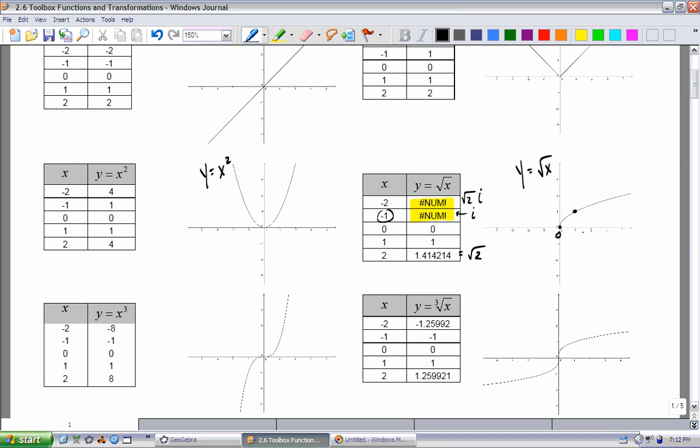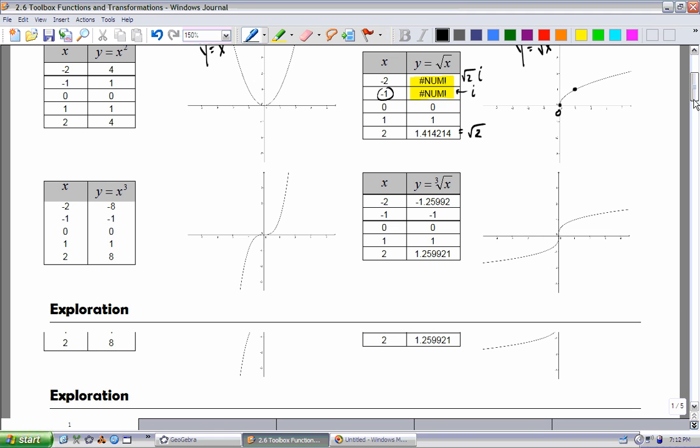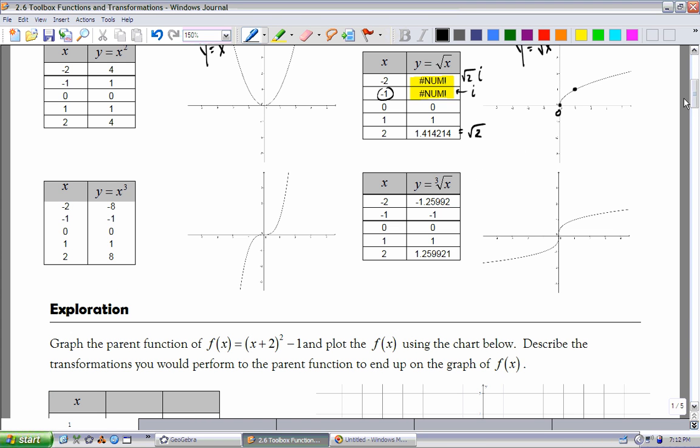And again, these points are plotted. Okay, 0, 0 and 1, 1 are plotted on all of these functions, and the chart is a representation of some of the values on the graph. Our second to last graph is y equals x cubed, and lastly, probably the one that you haven't seen a ton of, is the cube root of x.